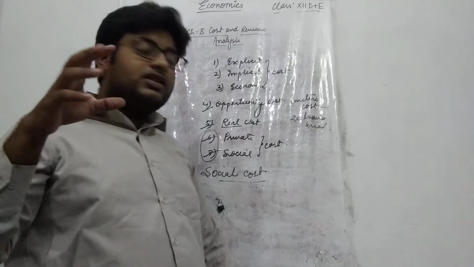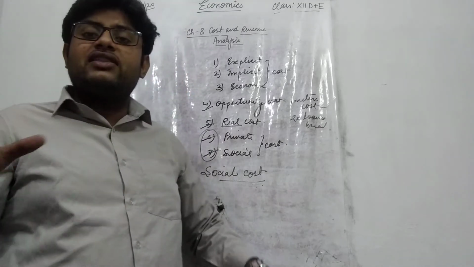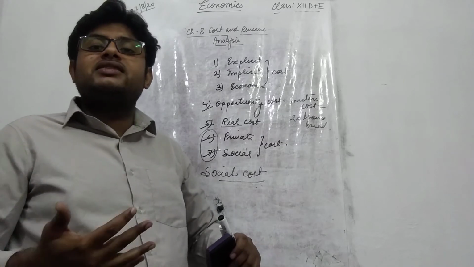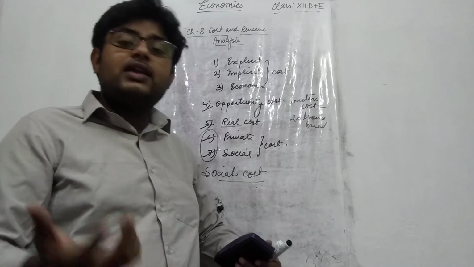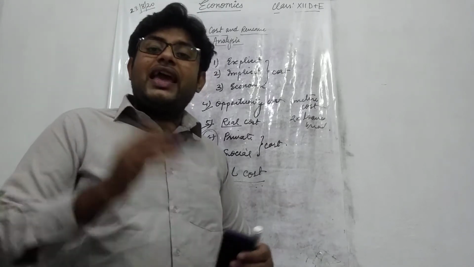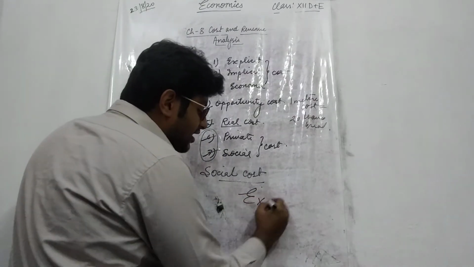So the production has negative health hazards on the public, and due to those health hazards, the cost that the particular person has to bear, that is known as your external cost.